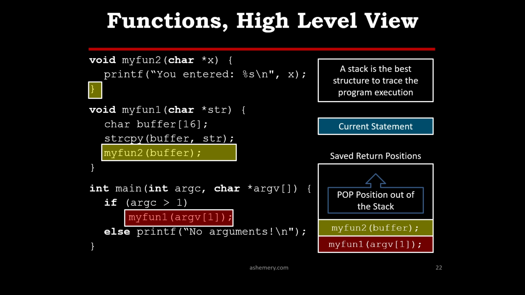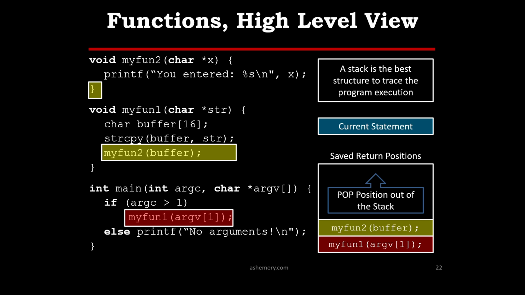So that's why the stack is very useful for program execution. Again, what we need to do now, after we finished myfun2, is know how we can go back to where we were before we entered myfun2. We were in myfun1, so we need to understand how we can go back there.